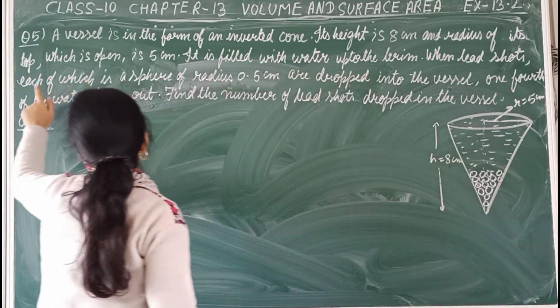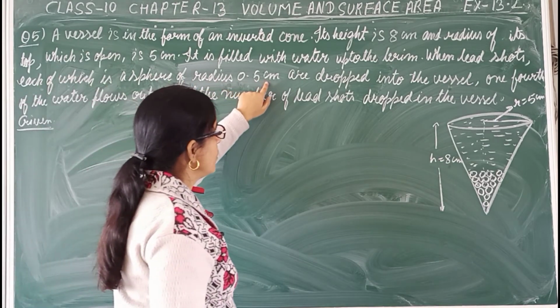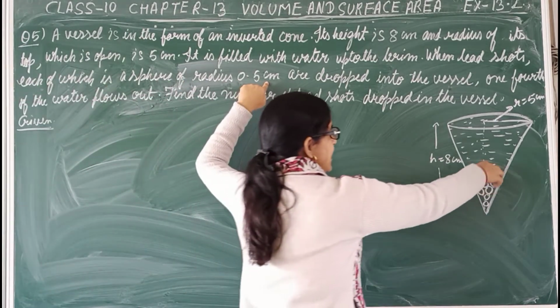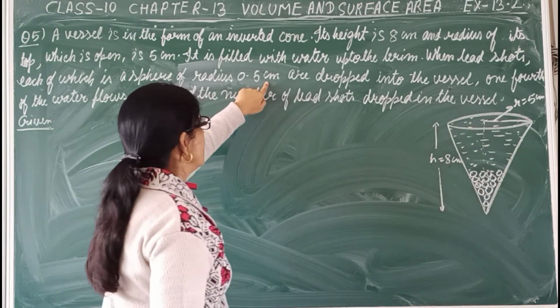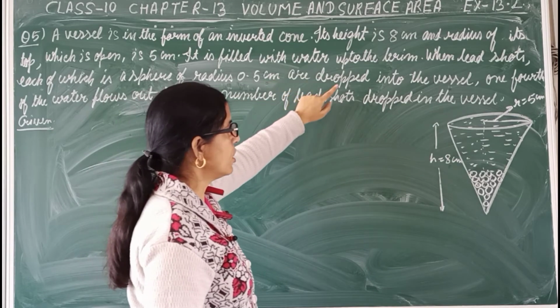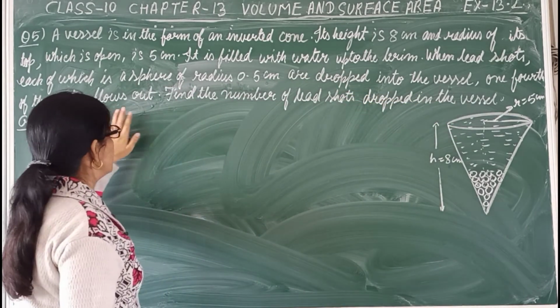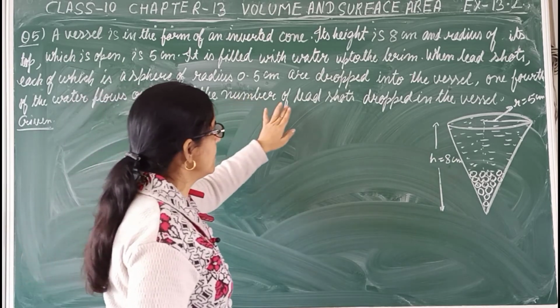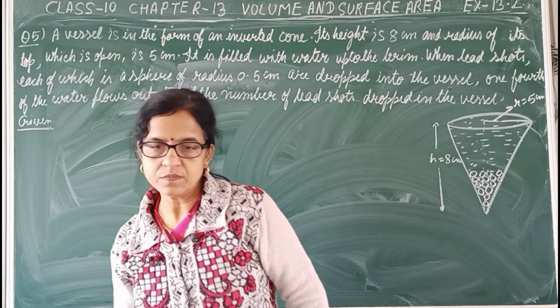When lead shots, each of which is a sphere of radius 0.5 centimeter, are dropped into the vessel, 1/4 of the water flows out. Find the number of the lead shots dropped in the vessel.